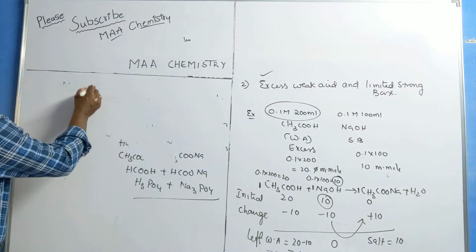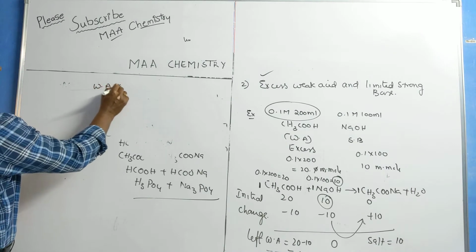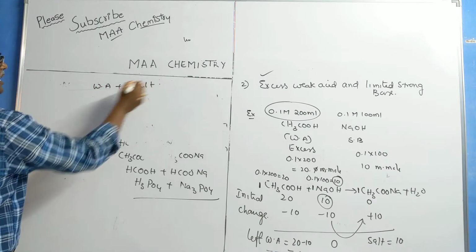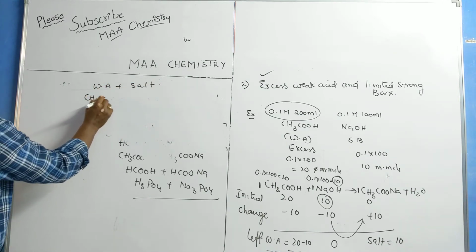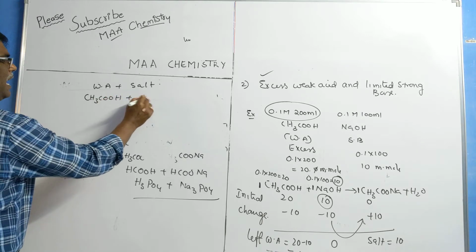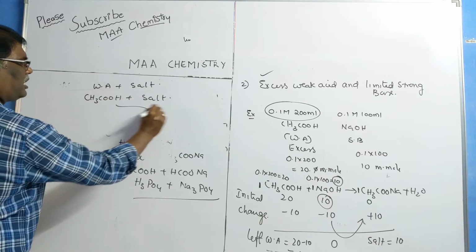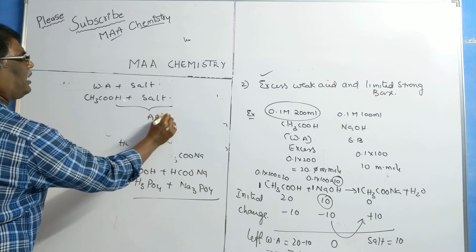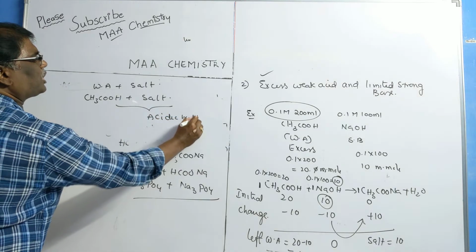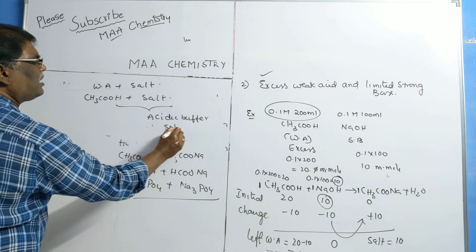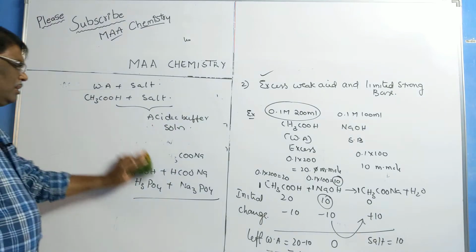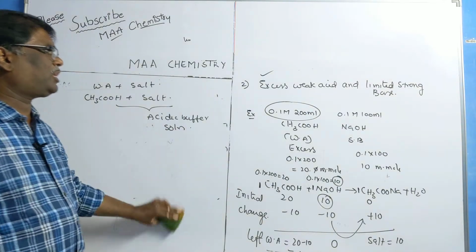Now clearly, finally we are getting a weak acid and salt solution. What is the weak acid? Acetic acid, and its salt is formed. Thus it functions as an acidic buffer solution. So how can we take a buffer solution?